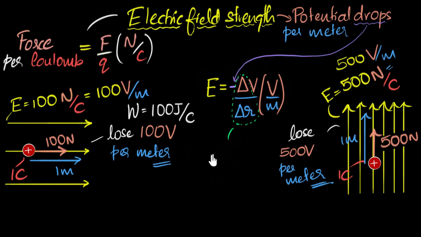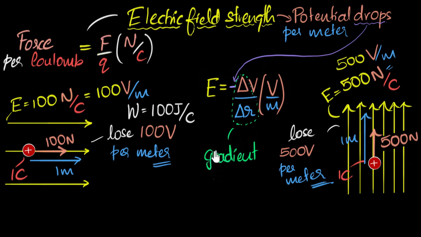So let me write that. This is called gradient, okay? If I said something like temperature gradient, it means it's a measure of how much temperature is changing for every meter you go forward. So this is potential gradient because it's a measure of how much potential is changing for every meter you go forward. So our right-hand side is potential gradient.